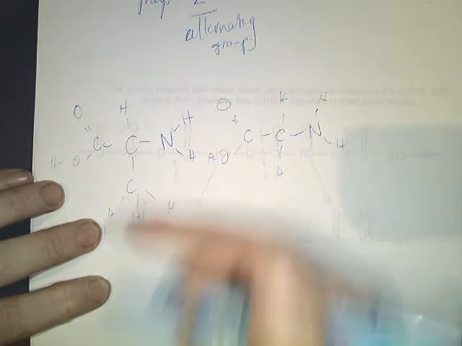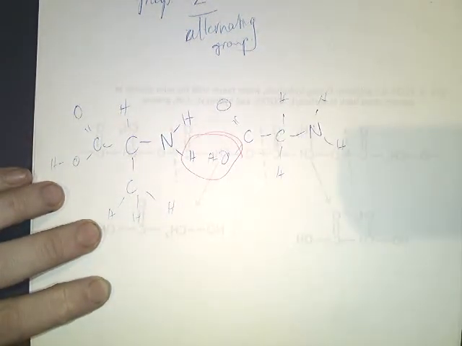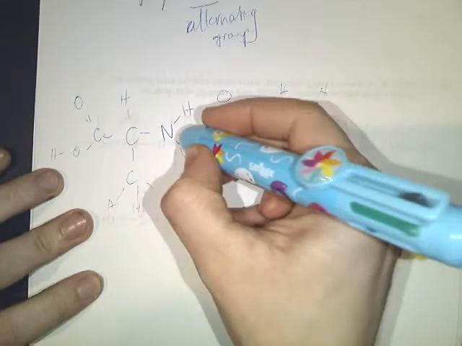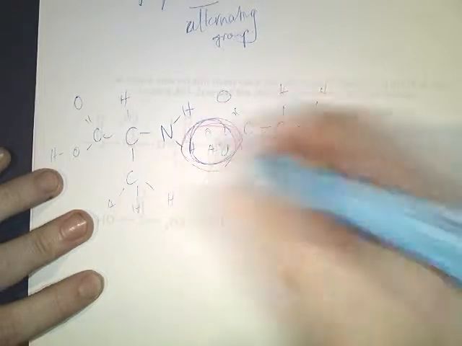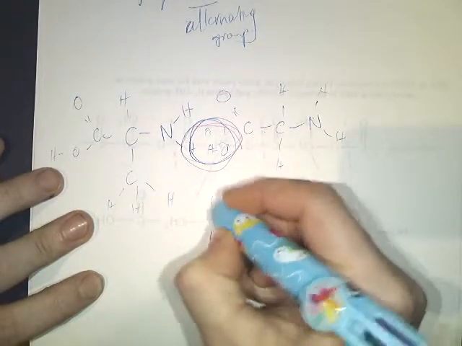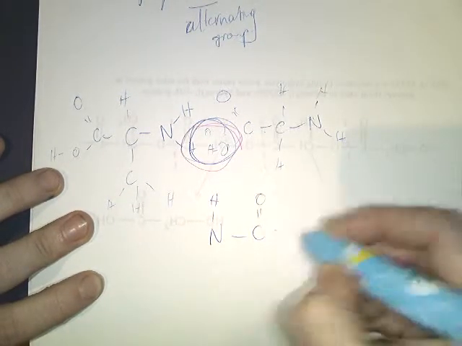Okay, you get the loss of water. A lot of people in the chem exam still have the oxygen between the N and the C. It's lost when you lose water. So it gives you this bond.